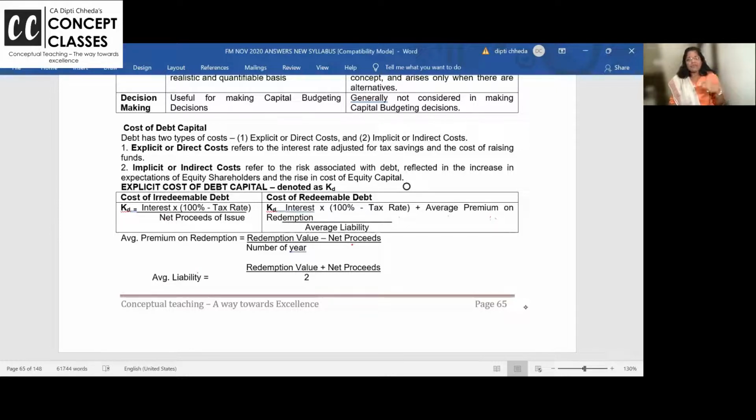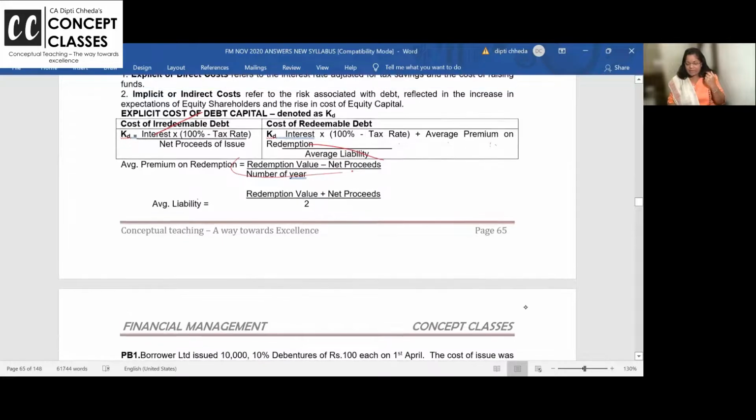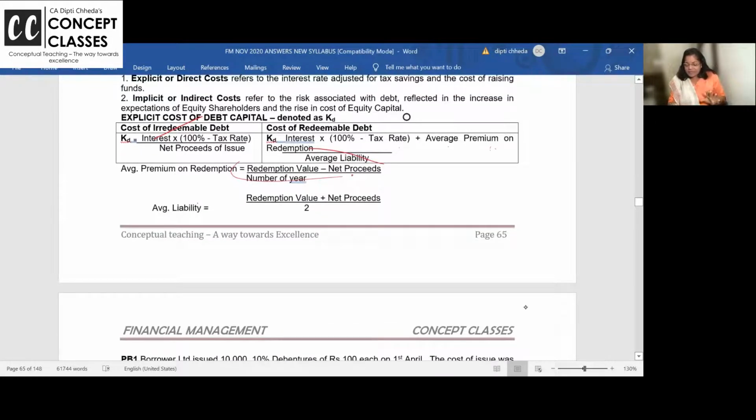Divide by number of years, because irredeemable debentures nowadays no one is issuing. So you are issuing the debentures for 6 years, 10 years. You can divide this cost over the number of years. And then redemption value plus net proceeds divided by 2. This is your average liability. This is the formula which is printed in the book.